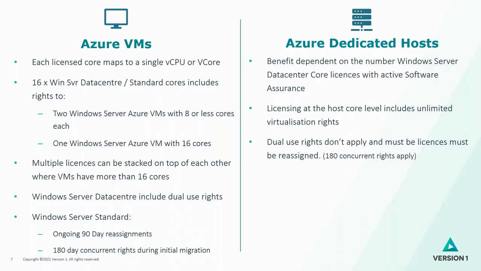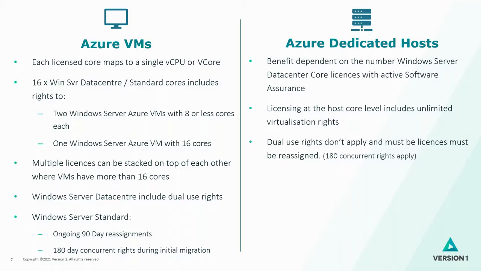There is one big caveat here: the dual use rights that I discussed in your Azure VMs that apply for Windows Server Data Center, that doesn't apply in this particular scenario. So there's a one-time 180-day concurrent use right benefit there during that migration period.